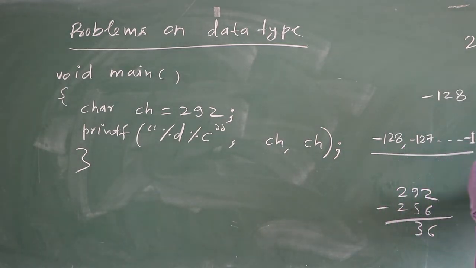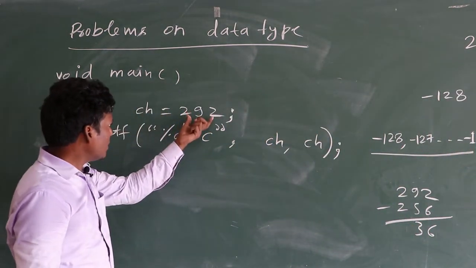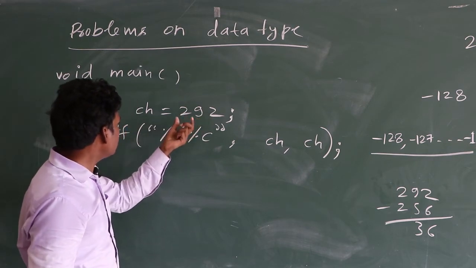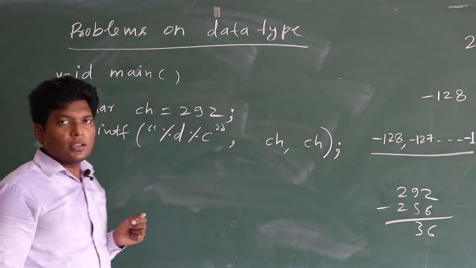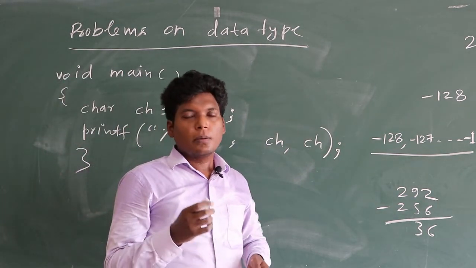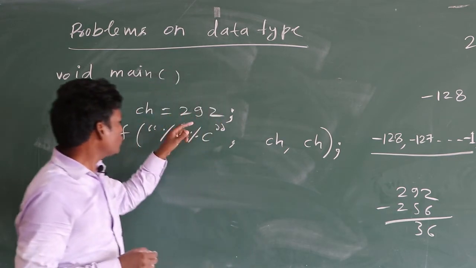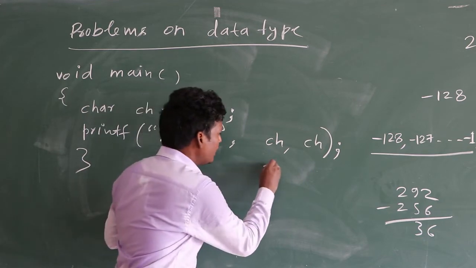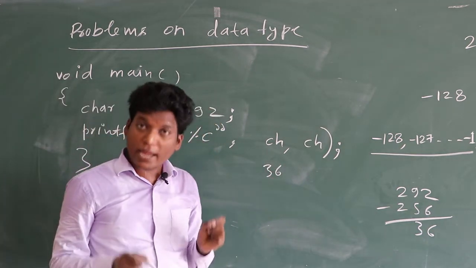So we are finally at position 36. So 292 is reduced to 36, and this 36 is assigned to ch. So 36 is the final reduced value. So 36 is assigned to ch, %d prints this ch, so 36 will be printed because %d prints the signed integer.